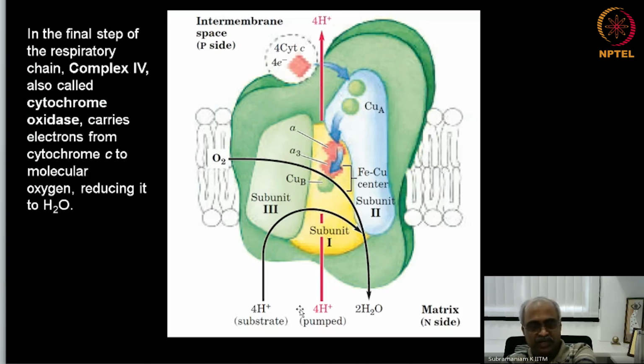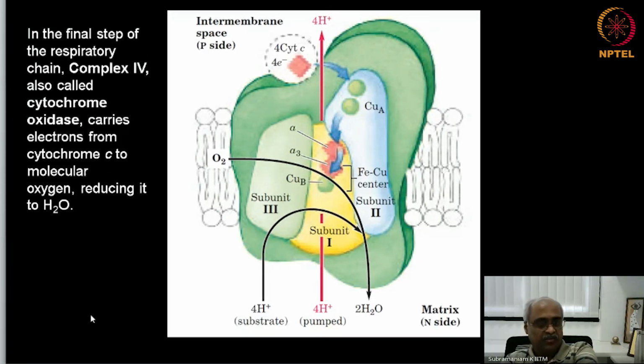So in that downhill flow, the free energy liberated is now conserved in the form of electrical gradient across this membrane and chemical gradient across the membrane. So you have proton concentration different and charge difference between the 2. So that is what has been accomplished.